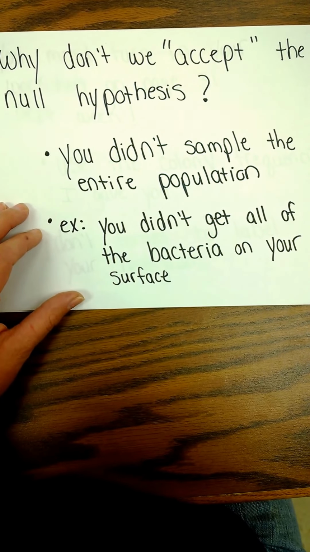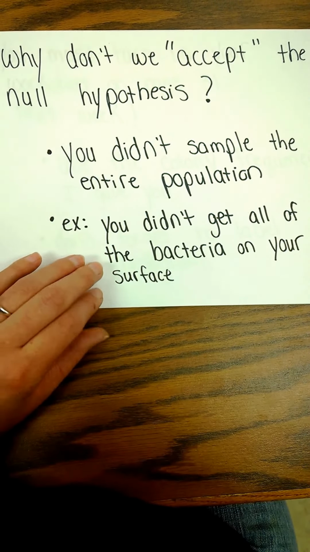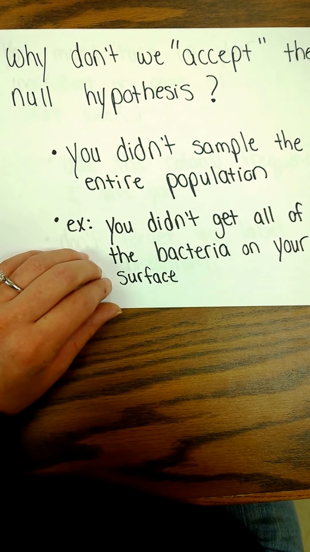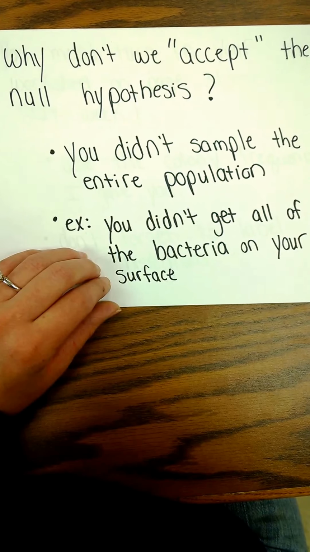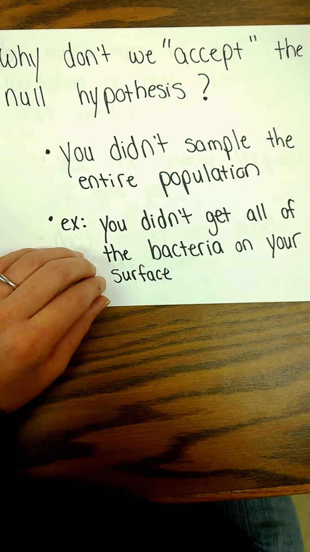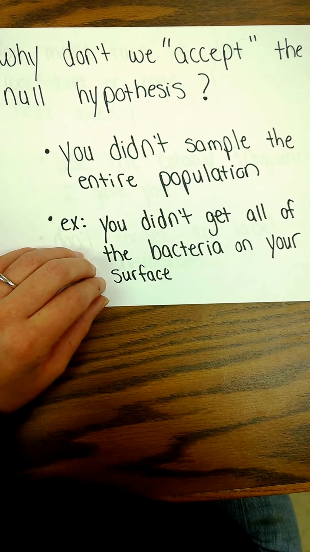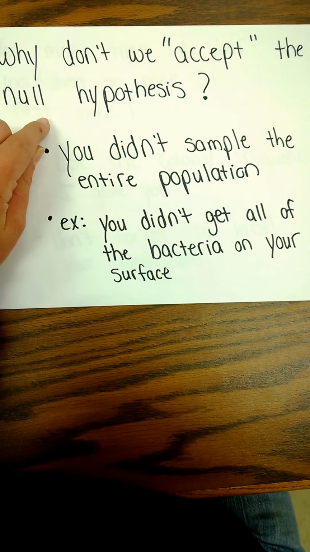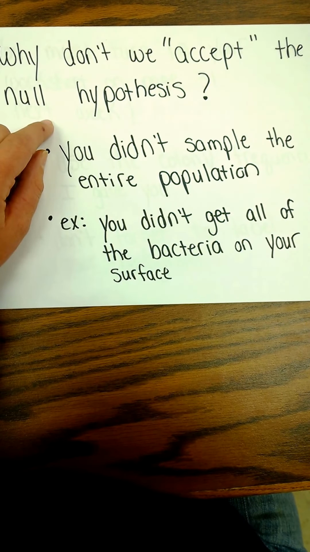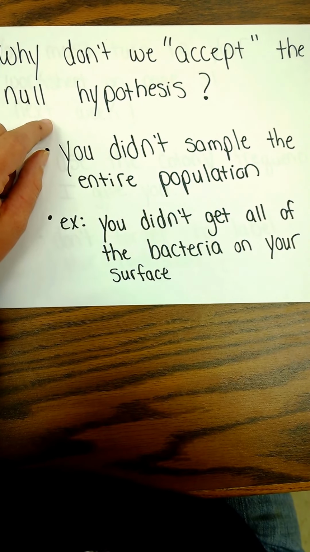No, you didn't. You just got a sample of the population of the surface you swabbed. Since we did not get every single bacteria off of that surface, we cannot say 100% that the null hypothesis is true, right? It's just most likely to be true.